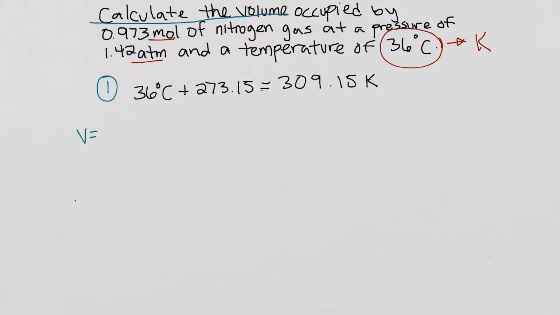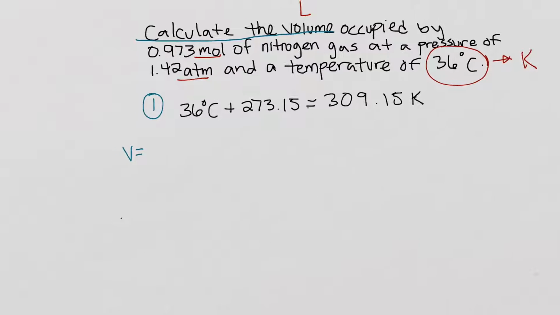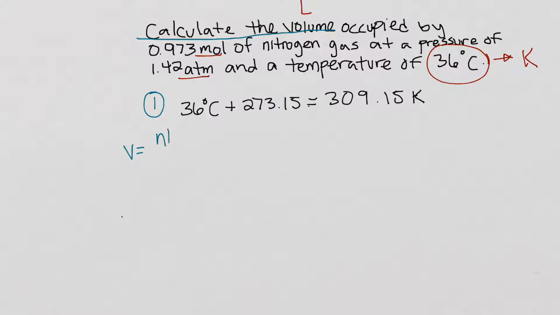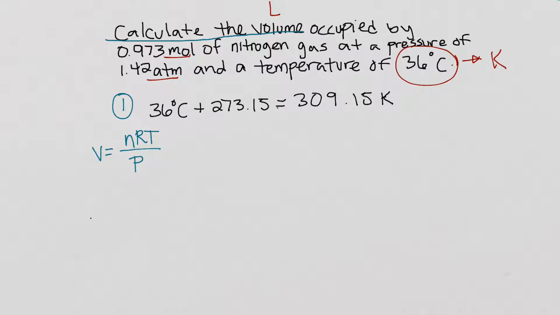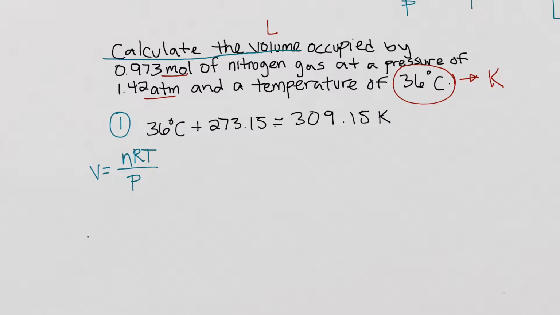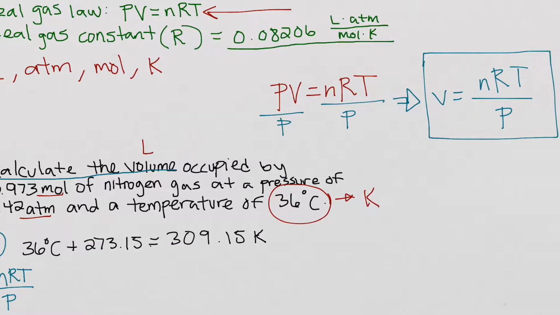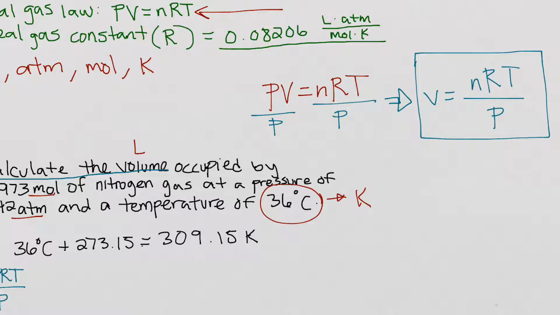V equals nRT over P. Now, from this point, all of our units check out, because if we look at our constant, the units for that is liters times atmospheres over moles times Kelvin.